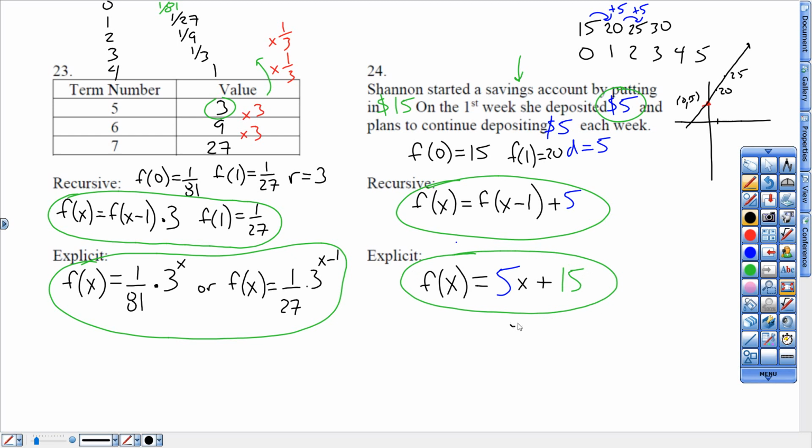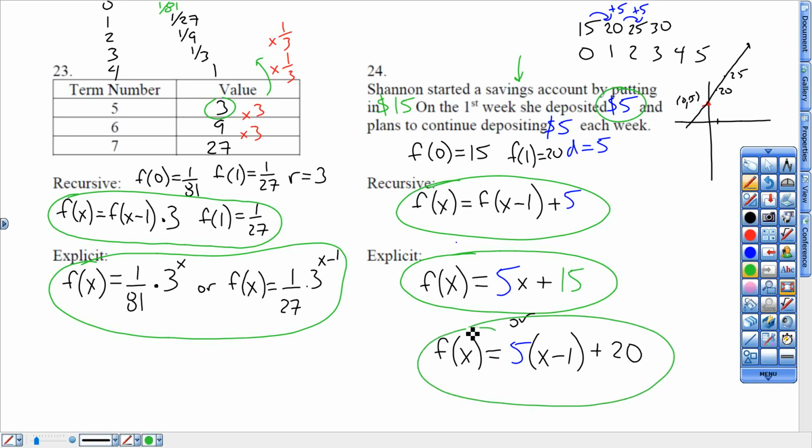Or of course, you need to be able to go over to the right one using that same 5 number, which I'm adding each time I deposit, adding that first term number right there, which is 20, knowing that these are equivalent. 5x minus 5 plus 20, that is equivalent right there. And then back to this recursive one. Recursive, always get in the habit of writing either the 0 term or the first term, so someone knowing how to write that sequence out would know what to do.